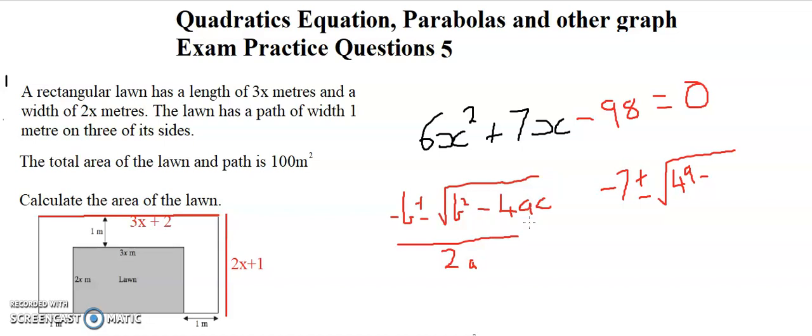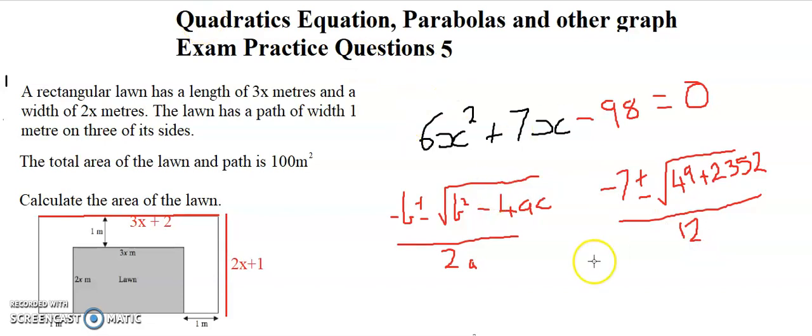Because that was negative 4, it turns into plus 2,352, over 2a, and a is 6, so 2 times 6 is 12.